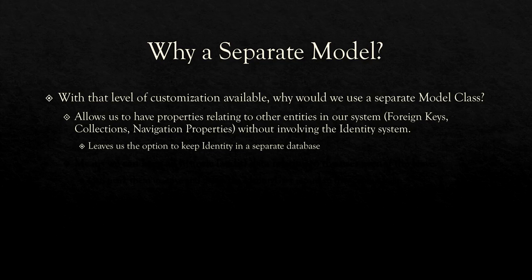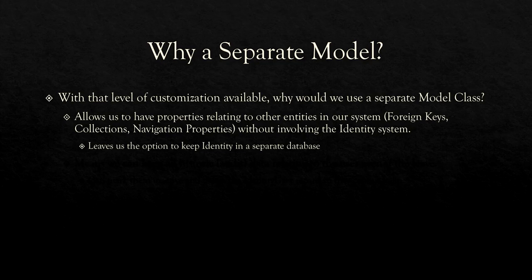And because it's going to be in our own production database, we can actually have it relate directly with foreign keys, referential integrity, and so on, with navigation properties and so on, through all of our other entities in our production tables, and it doesn't have to involve the identity system, right? And what that does is it leaves, among other things, the option to keep identity in a separate database.